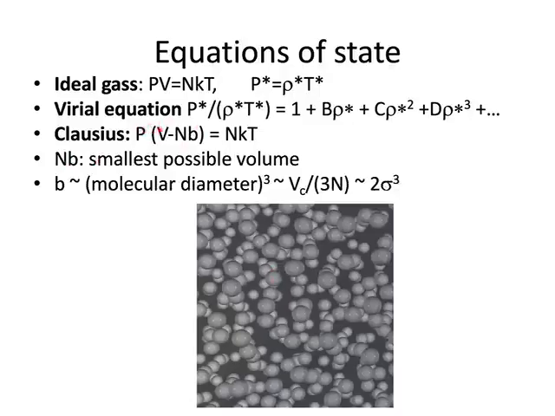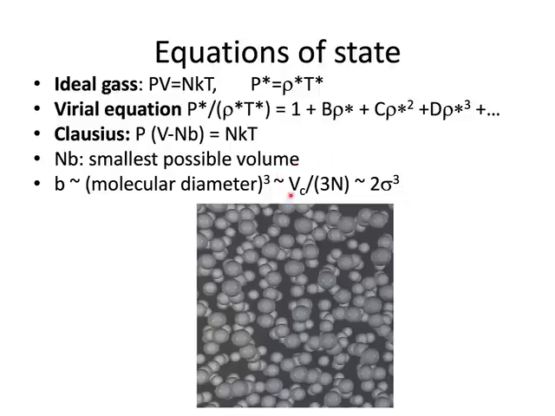So the volume that we need to use in the ideal equation of state is not the real volume, but we have to subtract a smallest possible volume, where this B parameter is the molecular diameter to the third power, which is 2 times sigma cubed if we use the Lennard-Jones parameters.